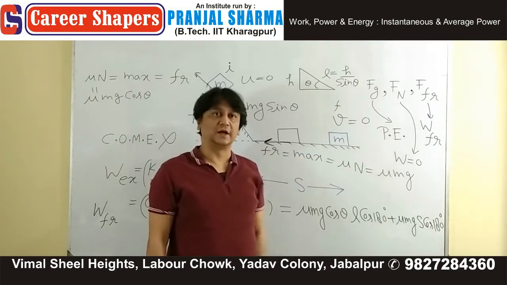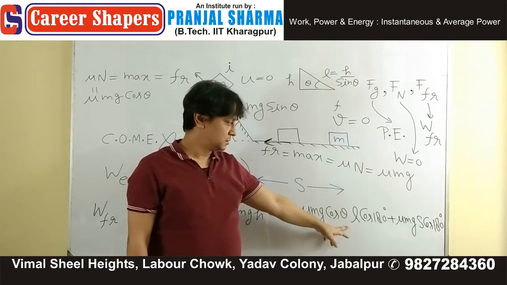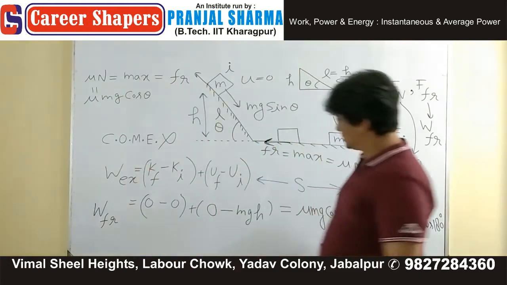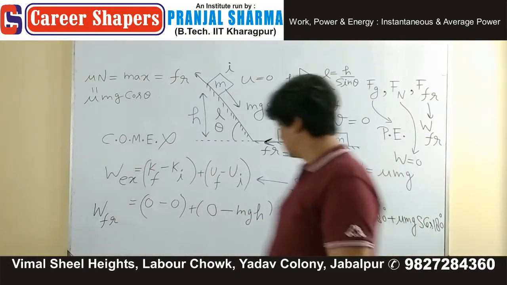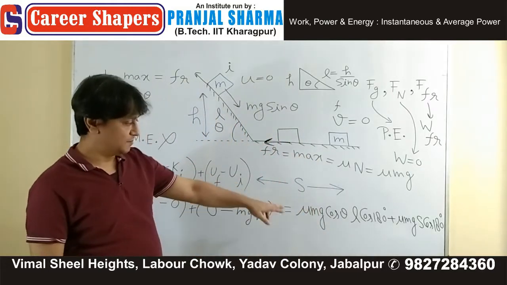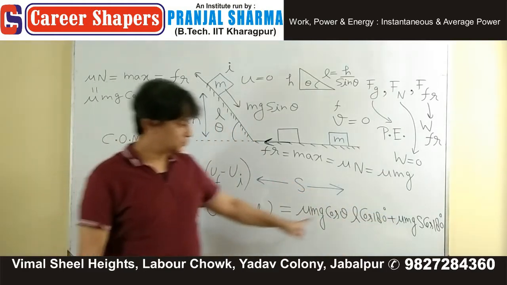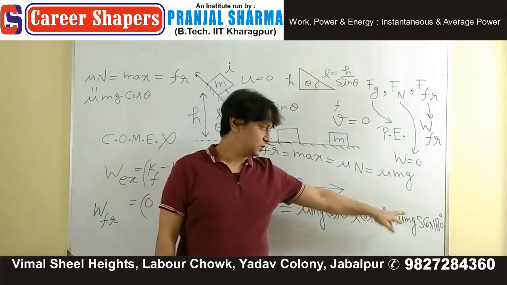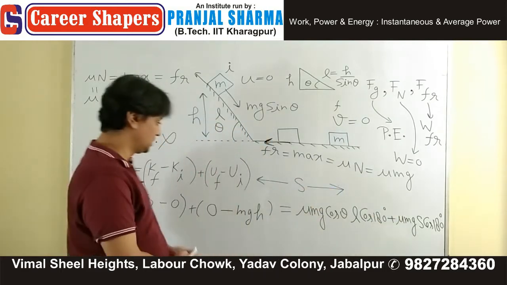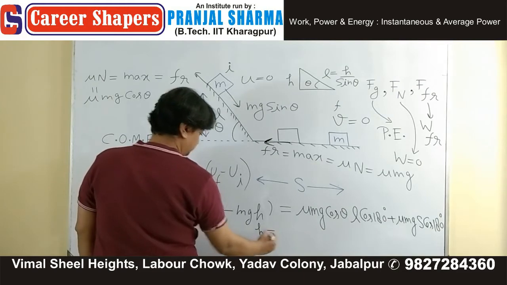H upon sin theta. Put the value of L over here. Simplify. And you will get what? Mu mg, mg gone. Negative sign is gone. Cos 180 is what? -1. So this side you have got H only.